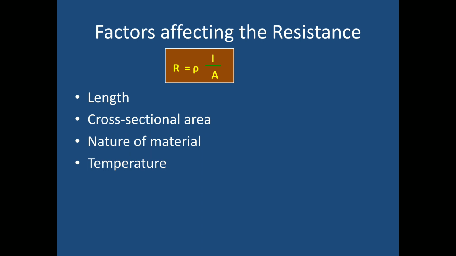And on temperature, because rho depends upon relaxation time. So there are 4 factors which affect the resistance of a conductor: length, cross-sectional area, nature of the material, and temperature.